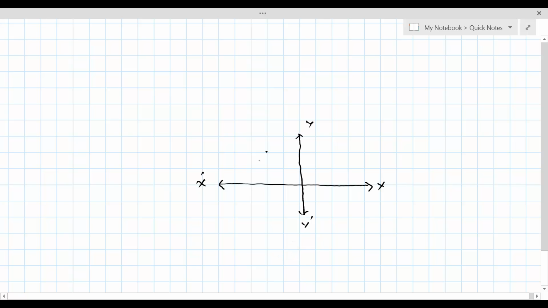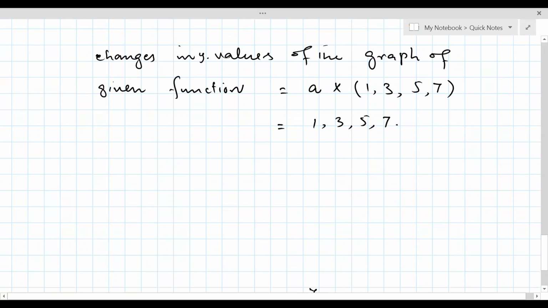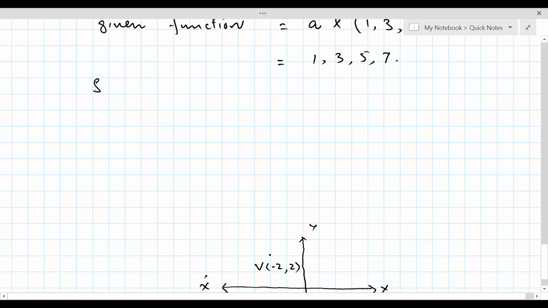So this is the vertex V, -2, 2. And we will be using these changes in the y values. Since a is greater than 0, the graph opens upward.